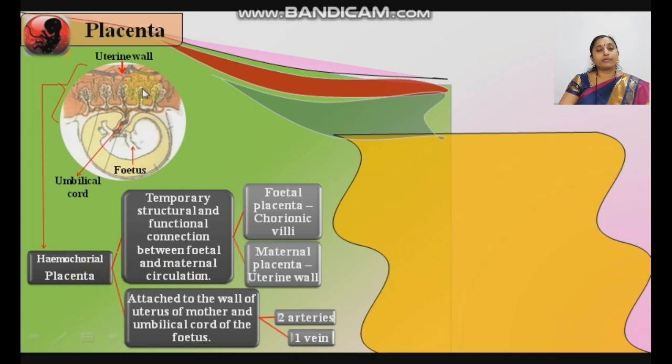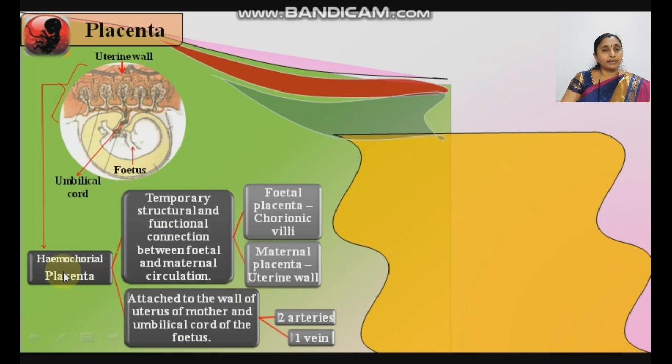Because the endometrial wall is vascular, and the fetal part, that is chorionic villi, also vascular. These chorionic villi get embedded into the uterine wall, so there is a firm attachment between these 2 individuals. So the name of this placenta is hemochorial, hem means blood.